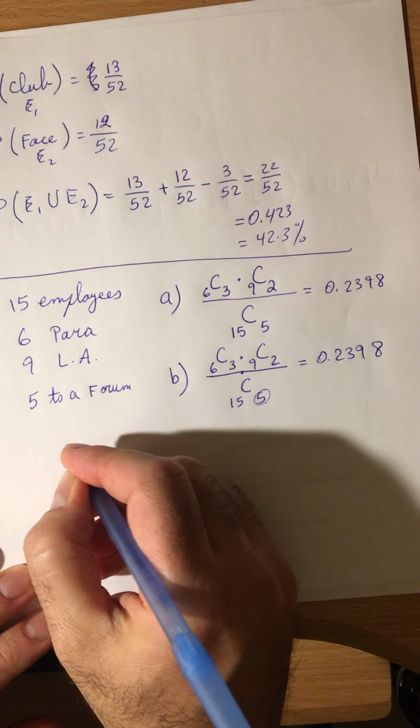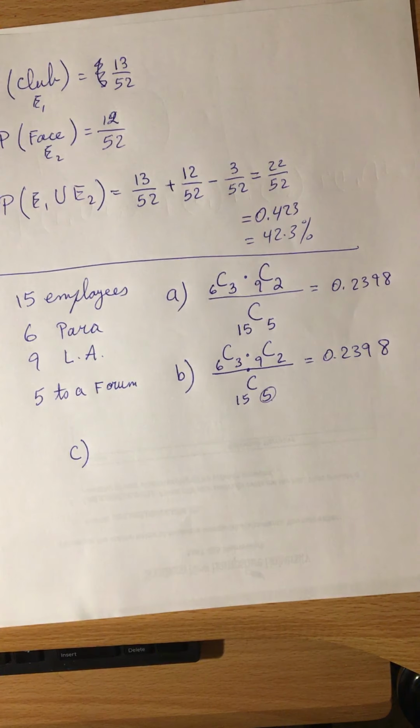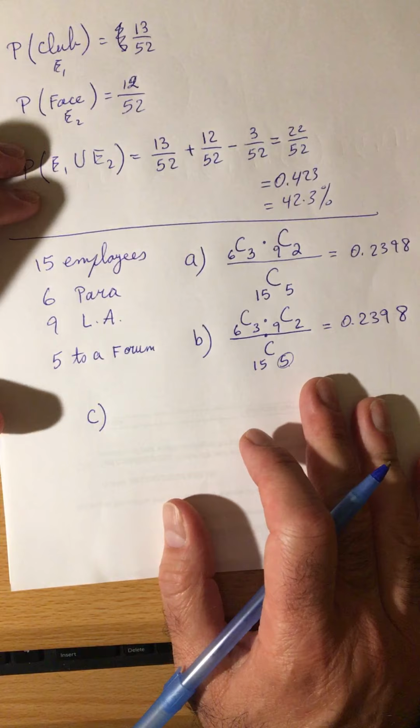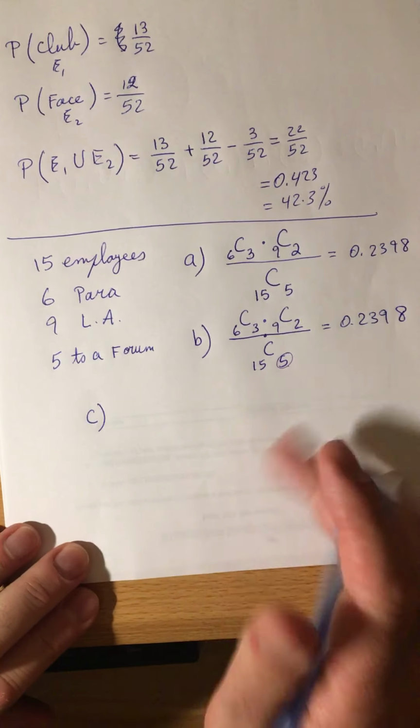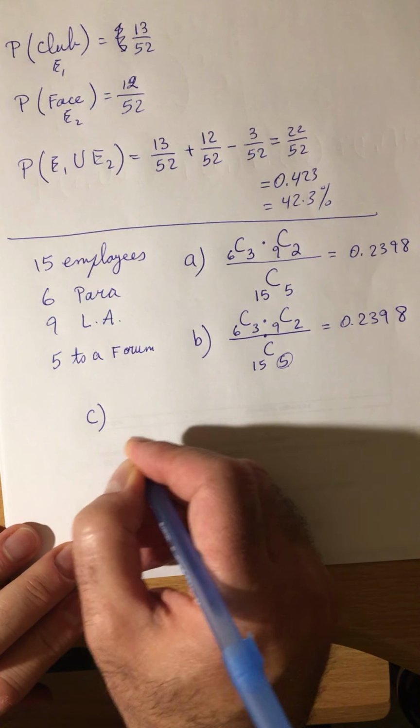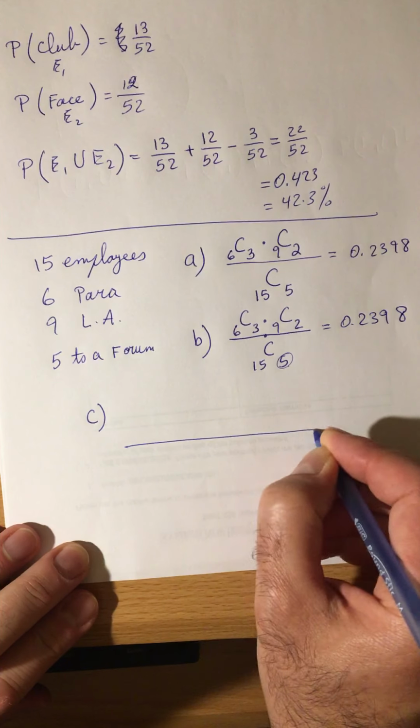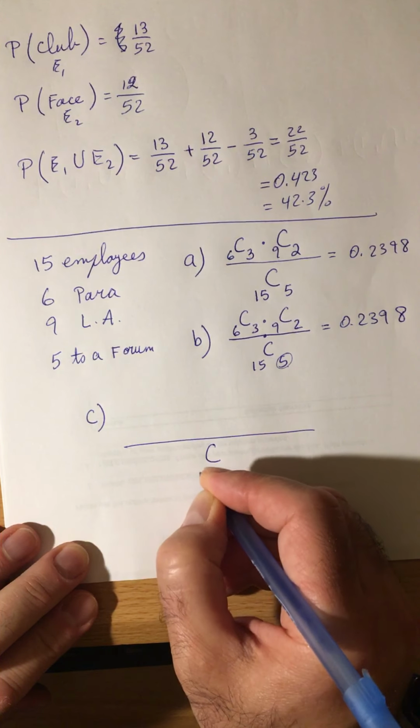All right, part C. It's asking you sending at least 2 paralegals. Okay, at least 2 paralegals. All right. So the denominator stays the same. Now this one is going to be a little long. The denominator is still the same.